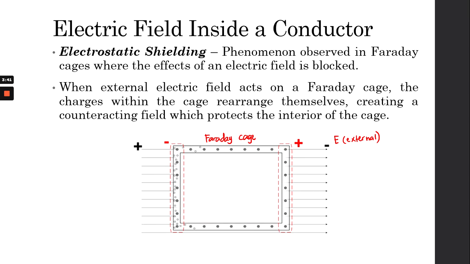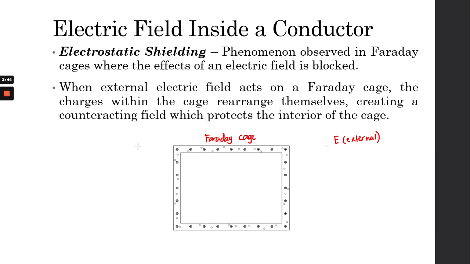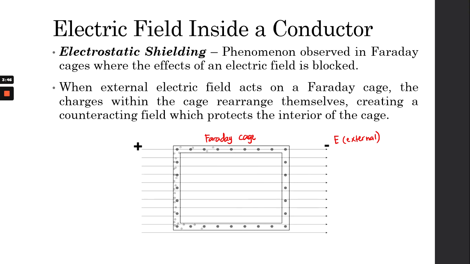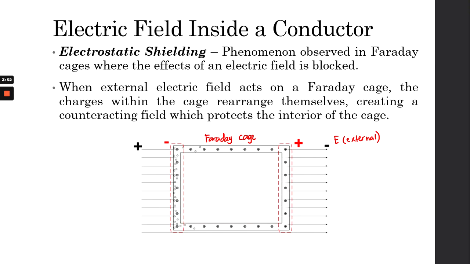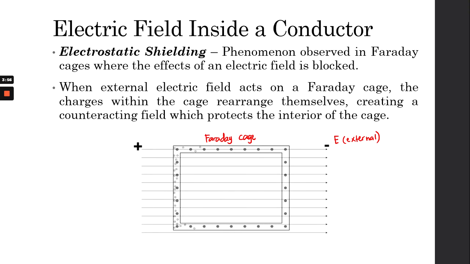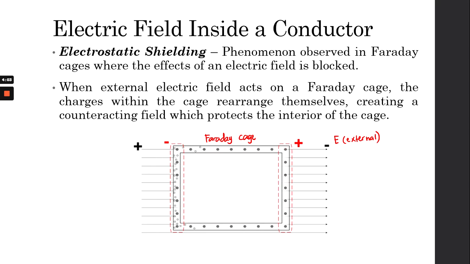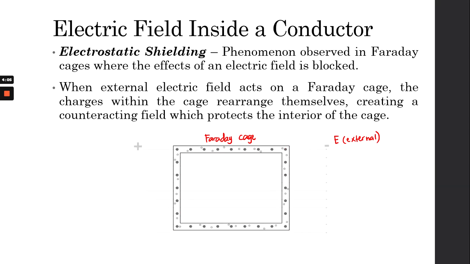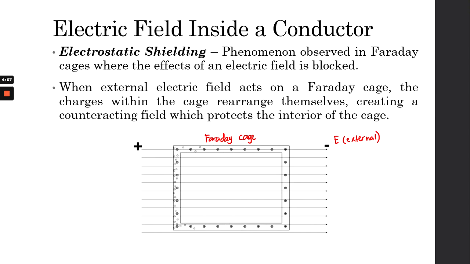The positive side of your external electric field attracts the negative charges from your Faraday cage. This positive side also pushes the positive charges of that Faraday cage, although not a lot of the positive charges move, since it's much more difficult for them to move.